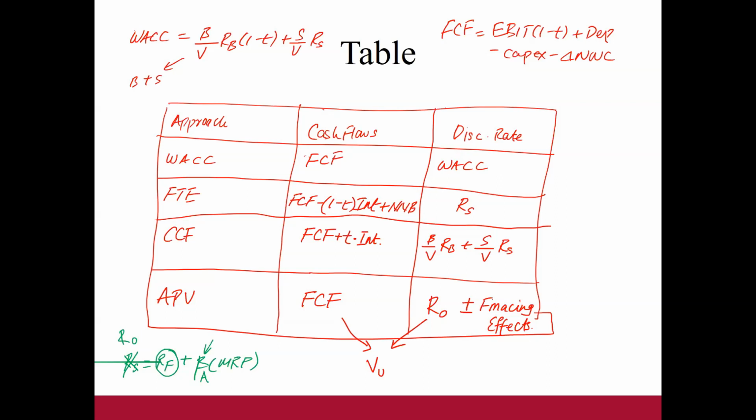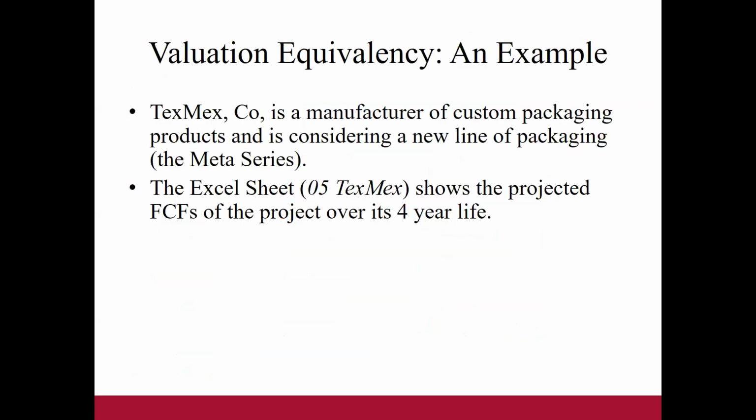Are we okay here? Okay, so with that, take a look at this problem. Tex-Mex is a company, a manufacturer of custom packaging products, and it is considering a new line of packaging. So this is a new project that it is about to embark upon. It's called the Meta Series.